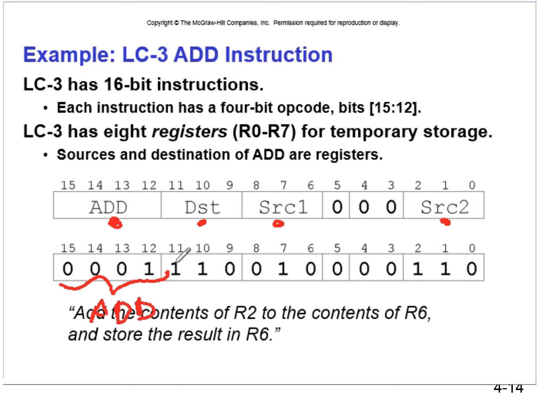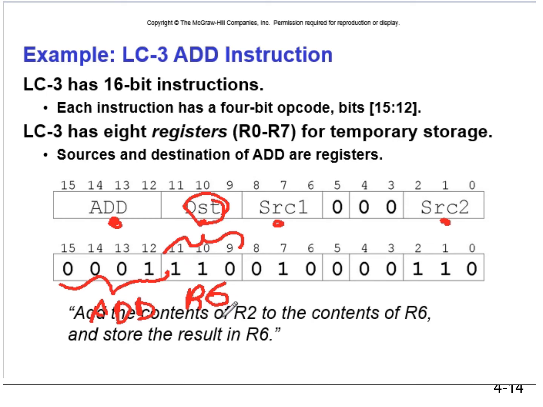What are we adding? Well, bits 9, 10, and 11 are the destination register. So this is going to store the result of this bitwise binary add in what's 110? 1, 2, 4.